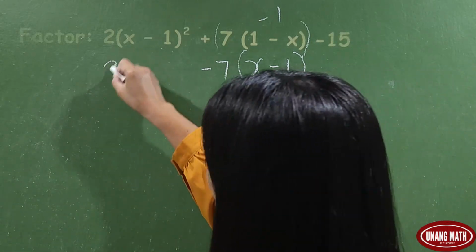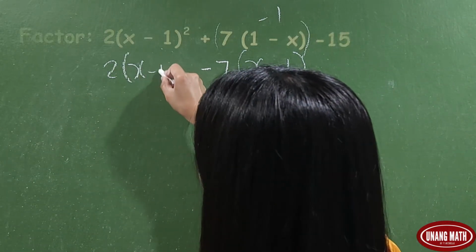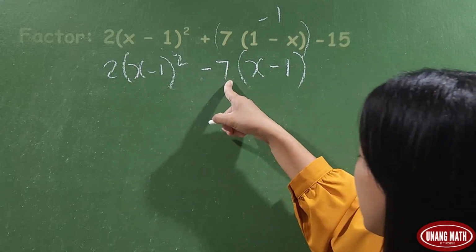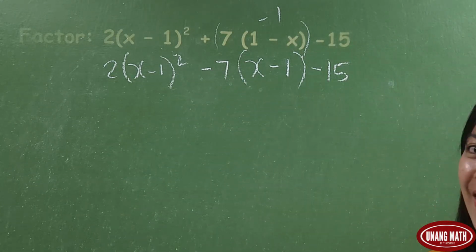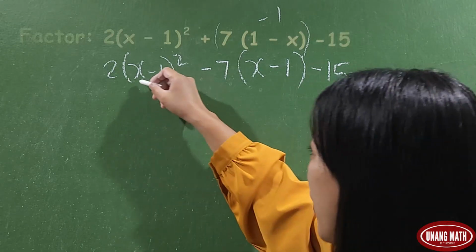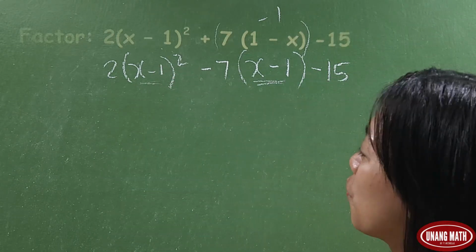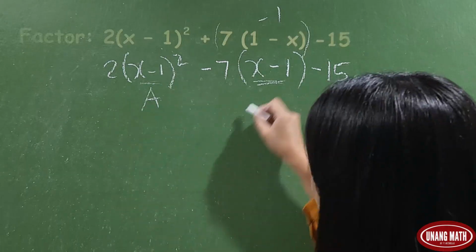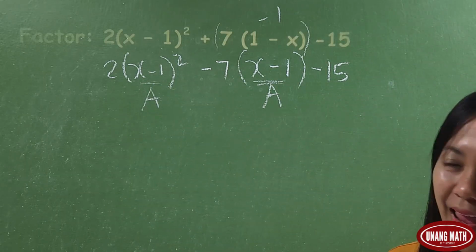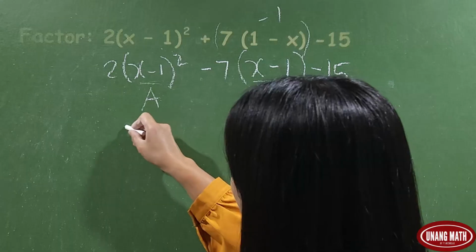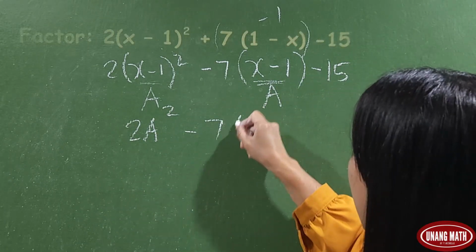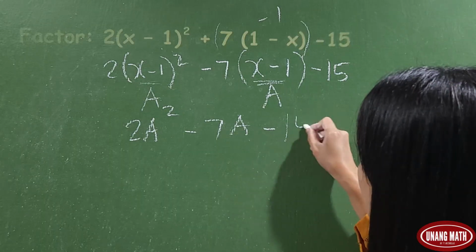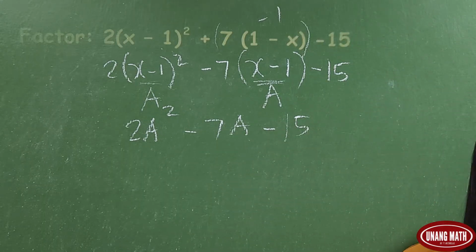So we have here 2 times x minus 1 squared minus 7 times x minus 1 minus 15. So we now have common structure, x minus 1. We will represent this one as variable a. So this is then equal to 2a squared minus 7a minus 15.